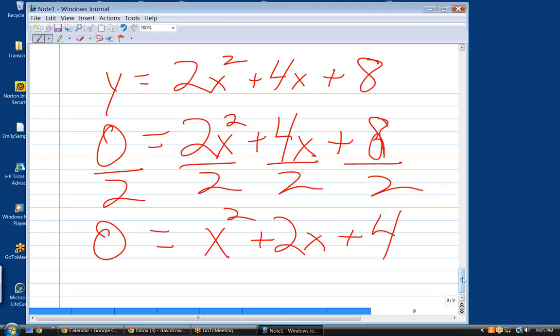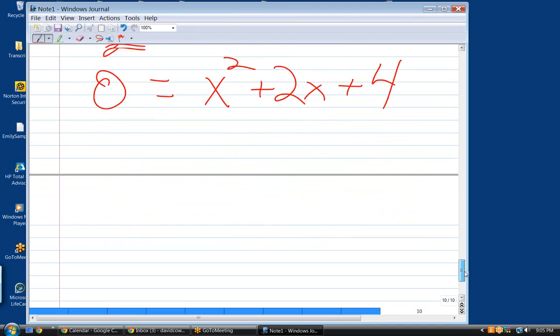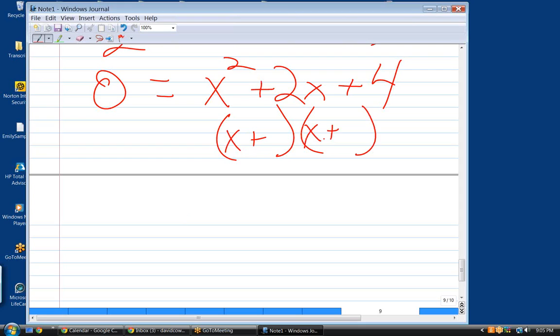Now, I said factoring was a piece of cake. Let's try to factor that. What are my signs? Plus. And then won't it just be 2? Well, we're looking for factors of 4 that add to the number 2. Here are the factors of 4.